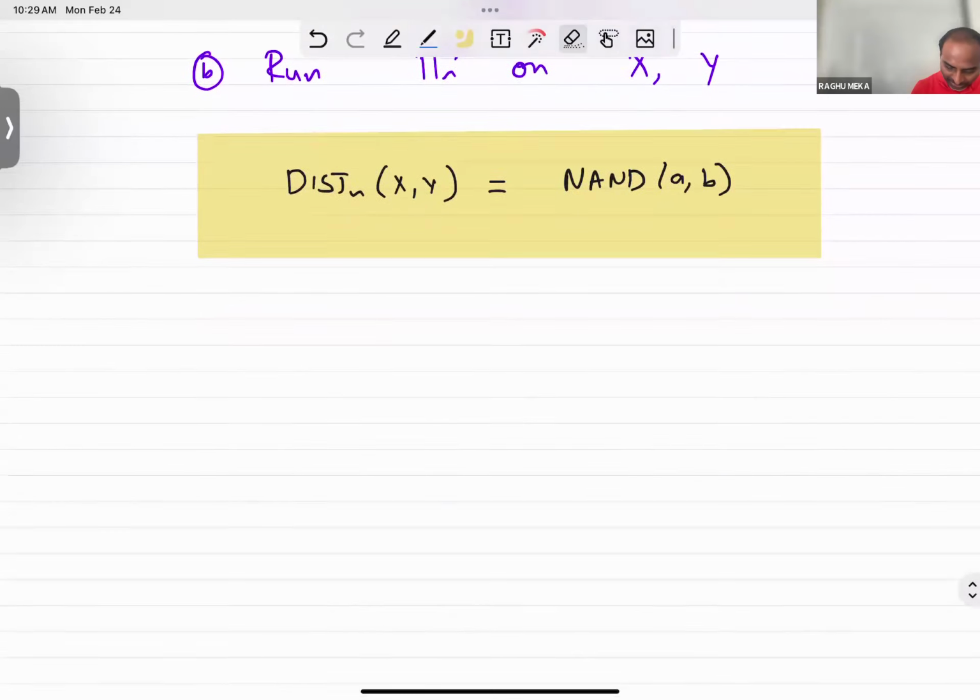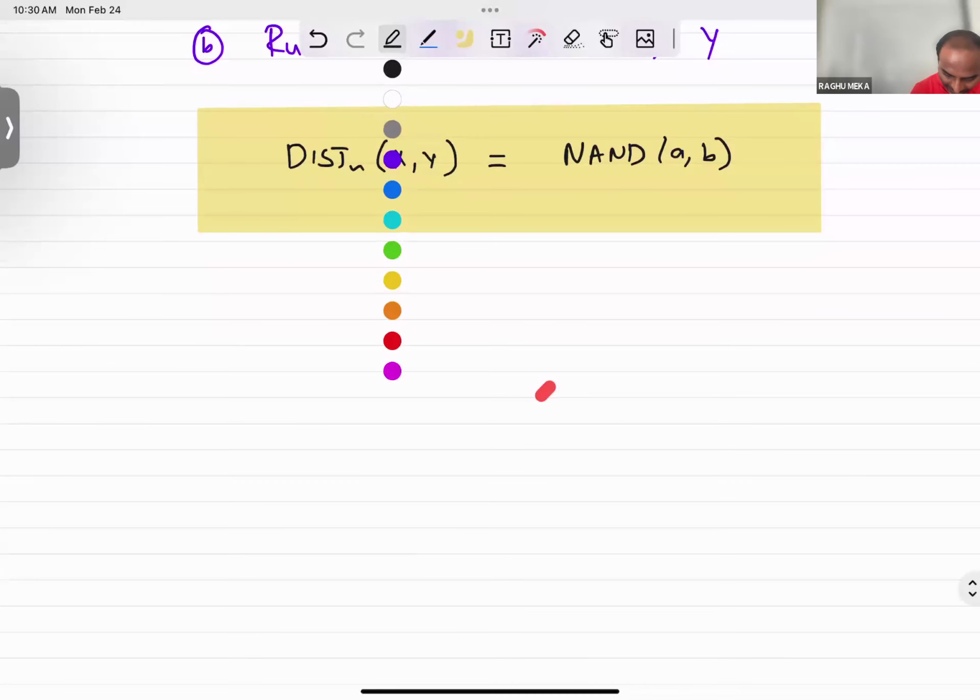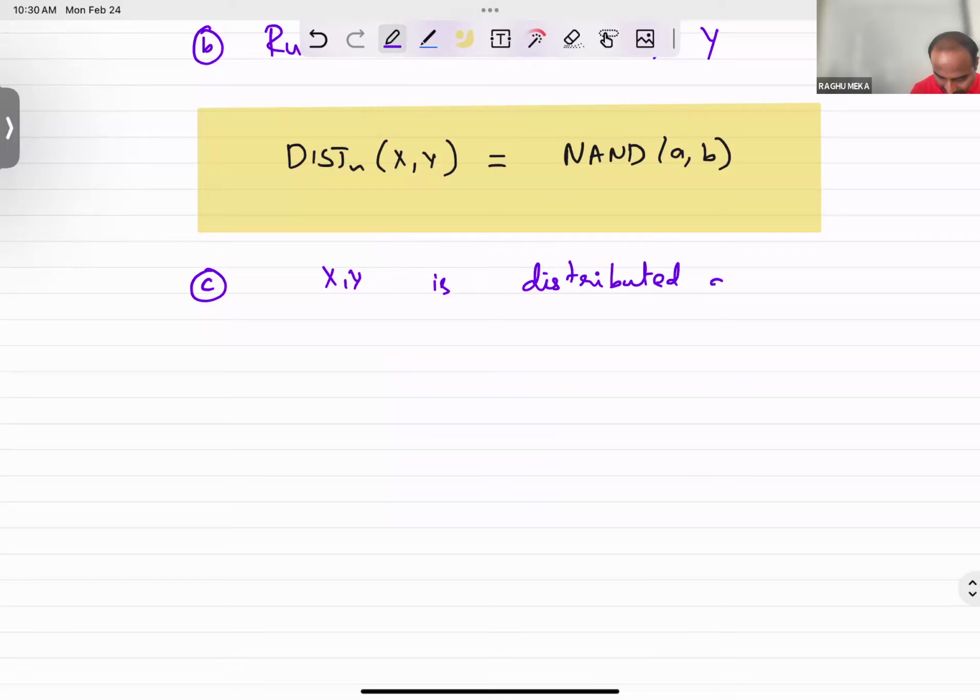So we have this, and then we have that x comma y is distributed as sigma to the n, because A comma B also came independently from sigma, and the remaining things are also sampled from sigma. So what we have is actually a product distribution, sigma to the n.